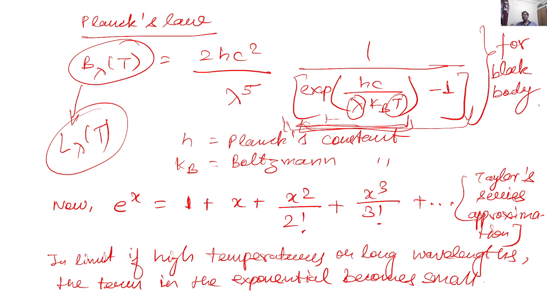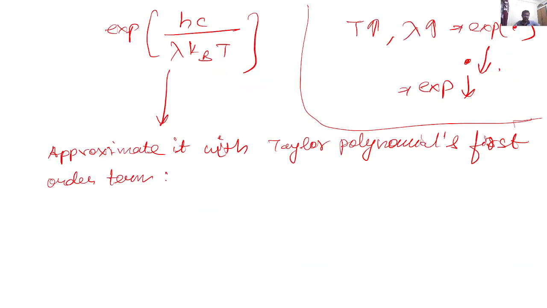So if x becomes too small, which is what would happen if lambda and T become too large, then we can just take e to the power x approximately as 1 plus x. We did not go into the higher order terms, because the higher order terms will tend to 0, or will be almost negligible when you compare them with x. So that is what we will be doing here.